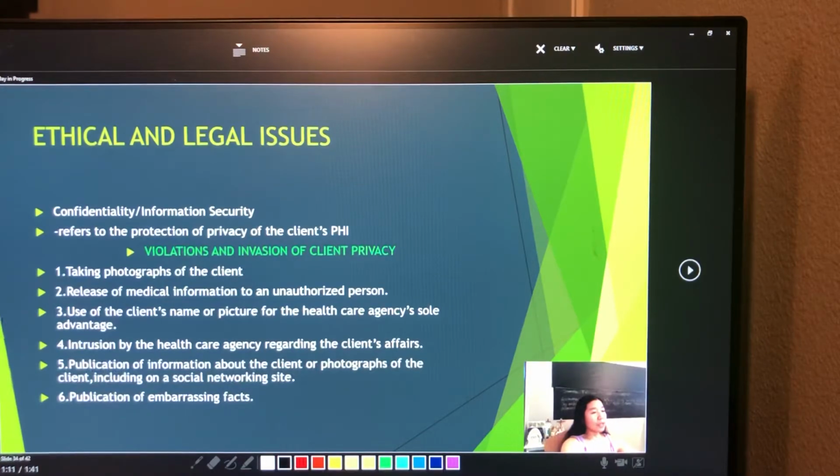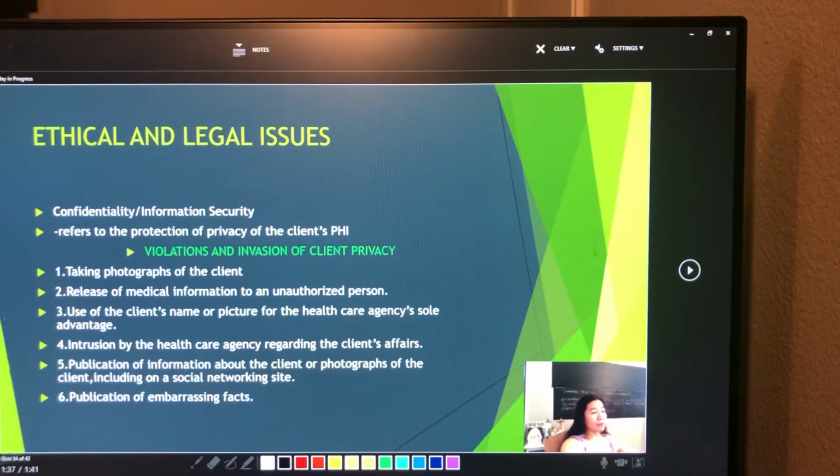Number 3, use of the client's name or picture for the healthcare agency's sole advantage. Number 4, intrusion by the healthcare agency regarding the client's affairs. Number 5, publication of information about the client or photographs of the client, including on a social networking site.